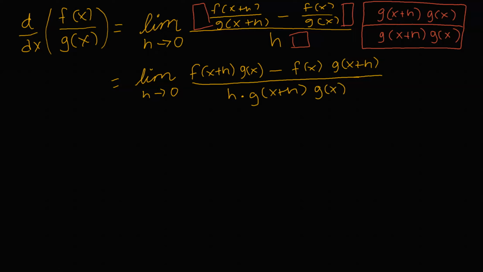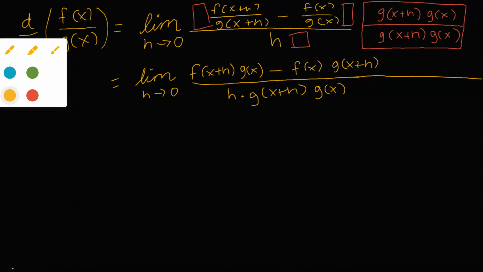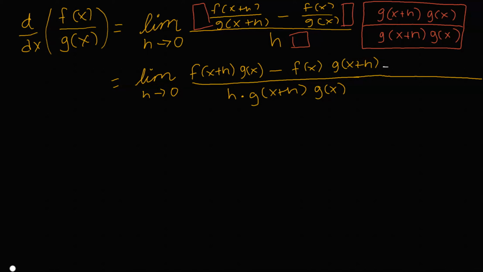So here, the one trick that you have seen when I was showing you the product rule was to go ahead and add 0 to the numerator. So here I am going to go ahead and add 0. And what is adding 0? I'm going to do this: minus f of x, g of x. Well, I can't just go on with minus f of x, g of x.